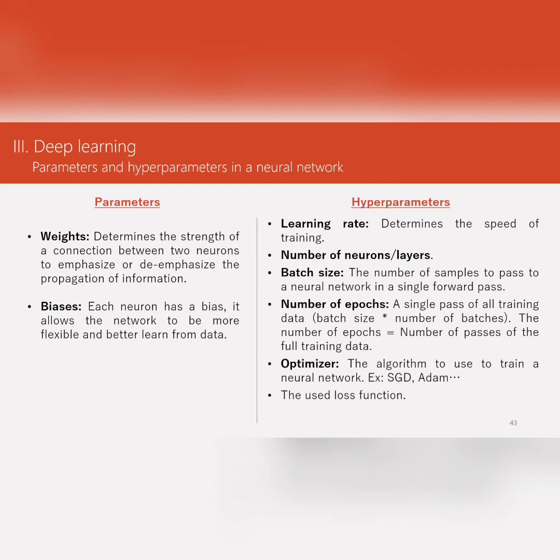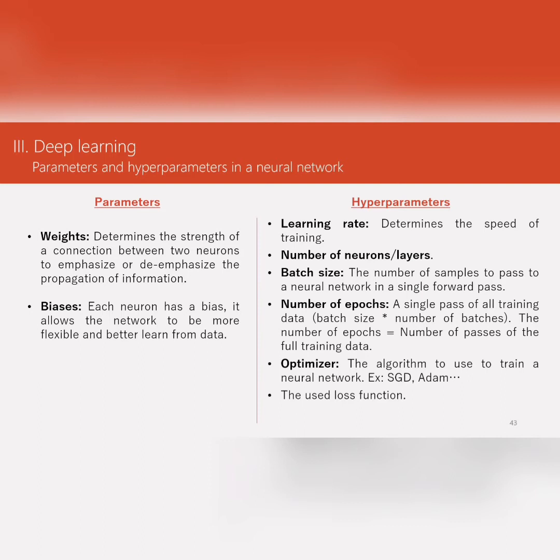So for example, if we pass 10 samples in a single forward pass when training the model, then the batch size is 10. On the other hand, an epoch is a single pass of all the training data samples. So an epoch is basically composed of several batches in case the batch size is less than the training data.